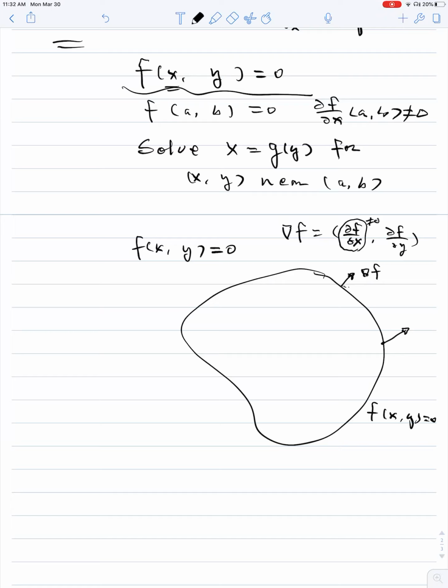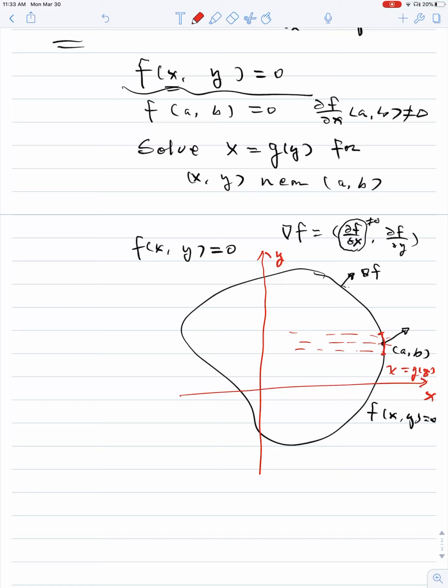Then, say this point here is (a, b), near this point you can find a piece here which defines x as a function of y. So in this case it would satisfy the horizontal line test, because the function is x in terms of y.